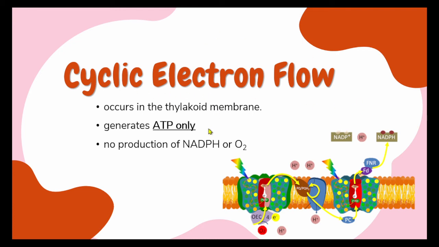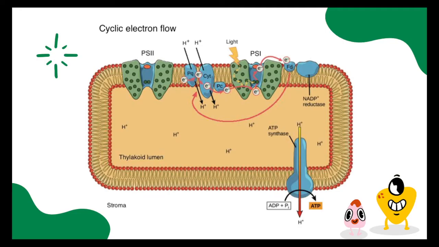And this still occurs in the thylakoid membrane, but note that there is only one product here, ATP only. And there is no production of the NADPH or oxygen. Okay, it looks like this. If you compare it to the non-cyclic electron flow, there are some apparatuses that are not used. Okay, so we can see the cycle forming here.